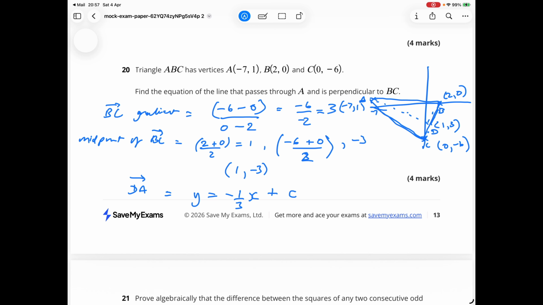Let's times everything by 3, so minus 9 equals minus 1 plus 3c. Add 1 onto both sides, so minus 8 equals 3c.